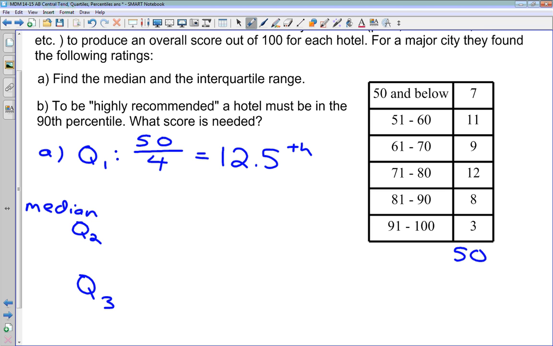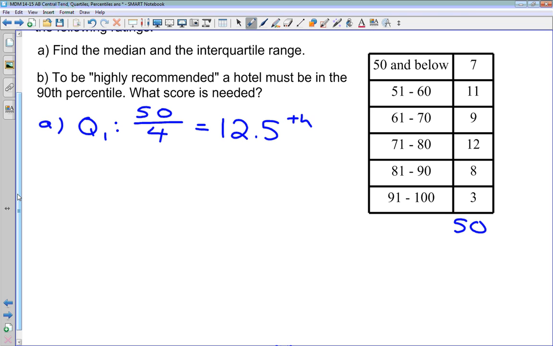We want to find what is the 12.5 number if we were to list all of these numbers out in order. Now, I'm going to give myself a bit more room here. First thing we want to do probably is figure out which bin this 12.5 number is going to fall into.